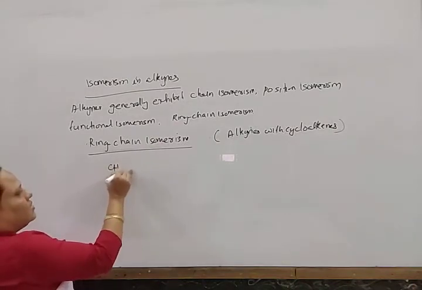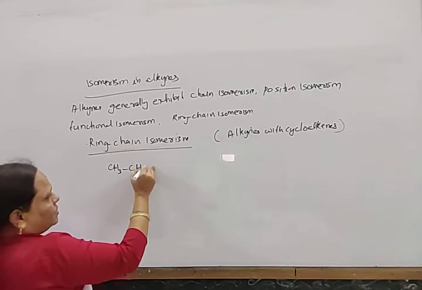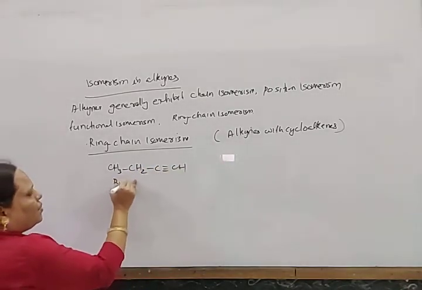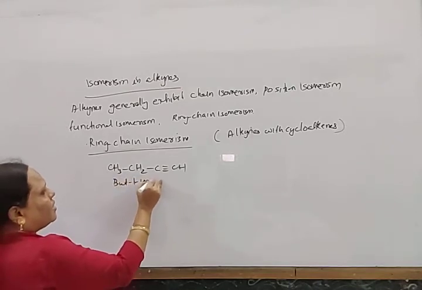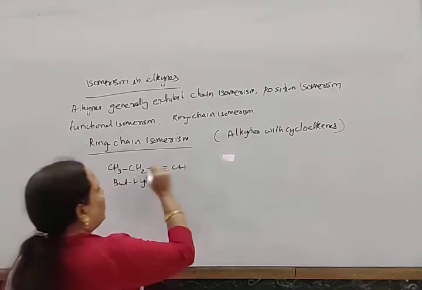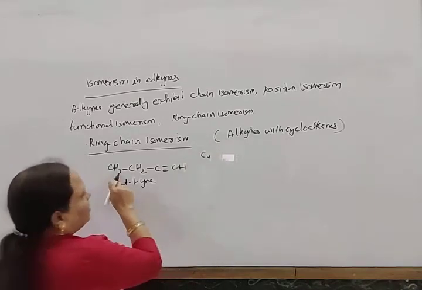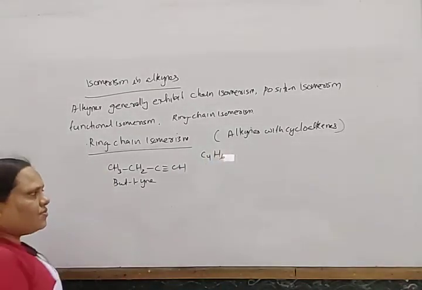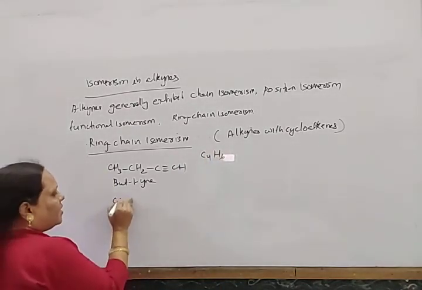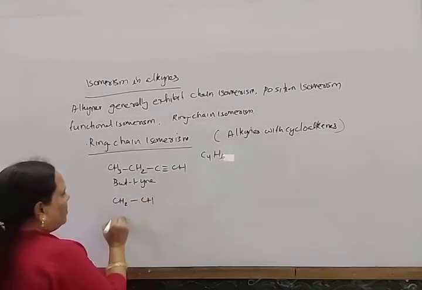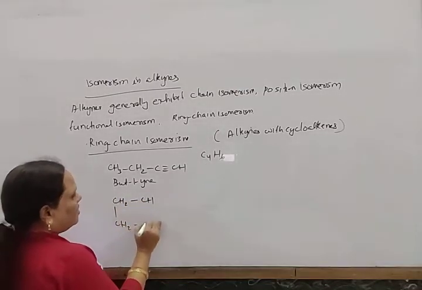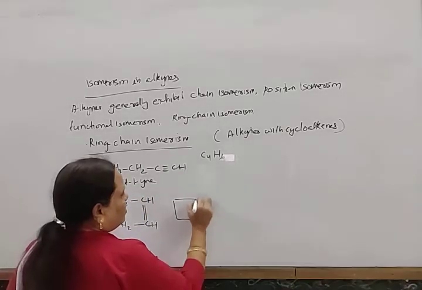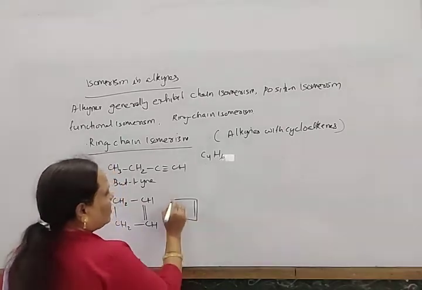Look here, CH3, CH2, C triple bond CH, the same we have taken, but-1-yne. The total formula, how much? C4H6. And to this we can write CH2, CH, CH, CH with a double bond, the bond line structure we can write like this.